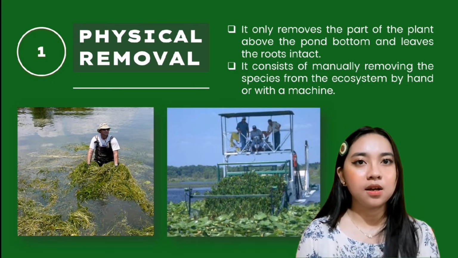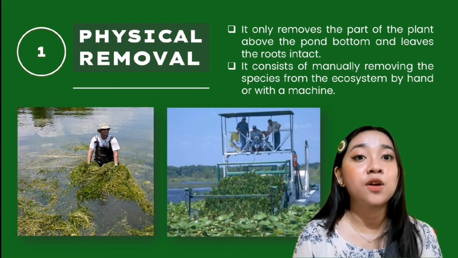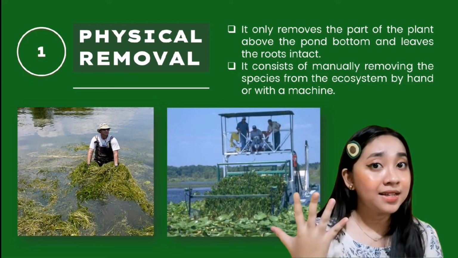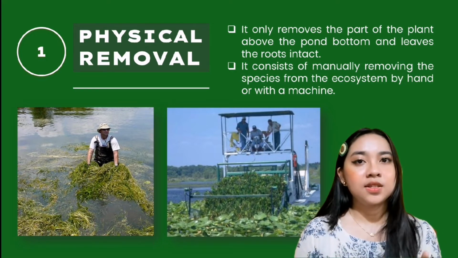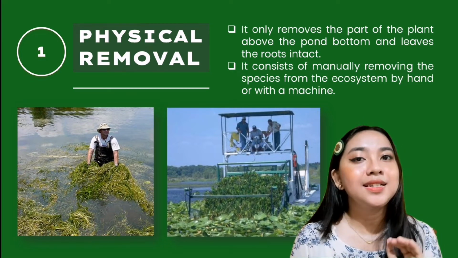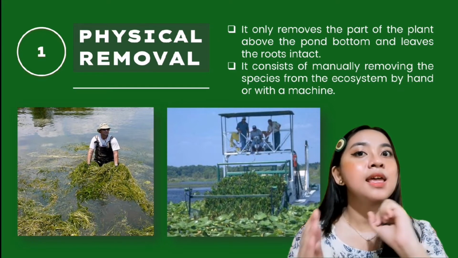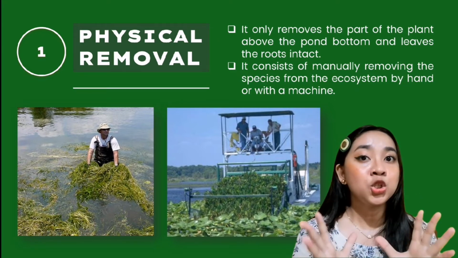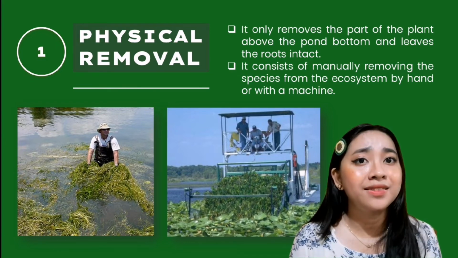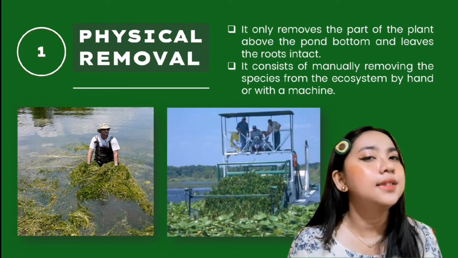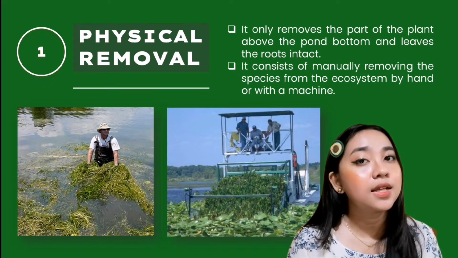It consists of manually removing the species from the ecosystem by hand or with a machine. This is usually effective because it causes the least harmful impact. Some machines are designed for physical removal, but this method is limited by cost and time.